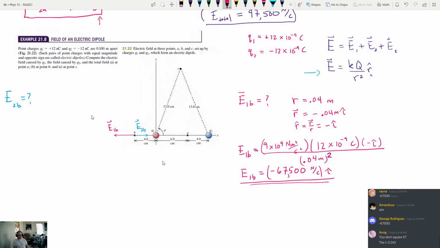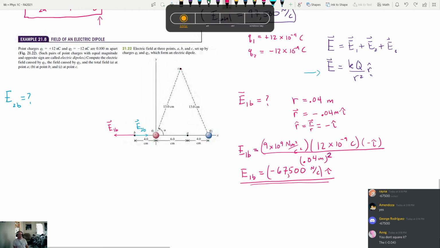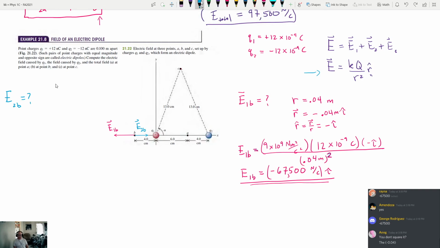Okay, what do we know about E2b? Let's do it in the same order as before. What is r equal to in this case? Well, r is the distance from point B to here. What's it equal to? The distance from Q2 to point B is 0.14 meters. That's right.